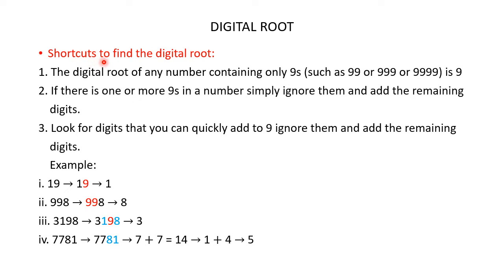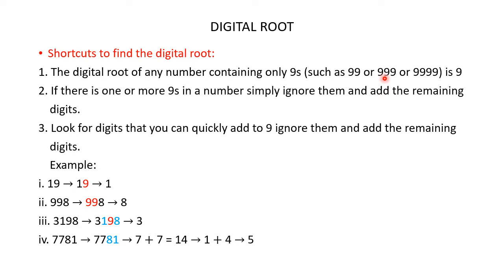Let's learn a few shortcuts to find the digital root. The digital root of any number containing only nines is 9. Look at these numbers 99, 999, 9999. The digital root of 99 is 9 because 9 plus 9 is 18 and 1 plus 8 is 9.